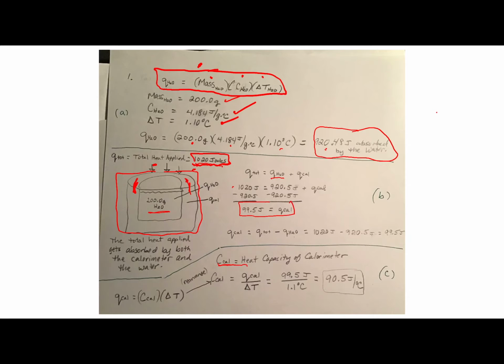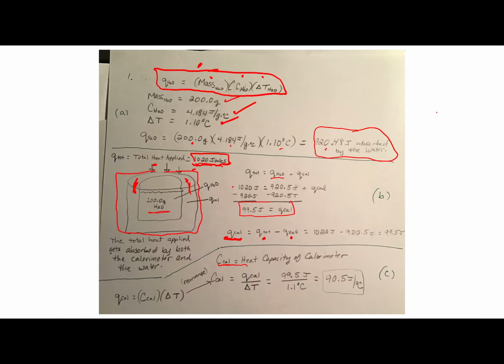So relatively small compared to over 900 absorbed by the water. This equation is just written out, showing that the heat absorbed by the calorimeter is the total heat minus the heat absorbed by the water, which gives you 99.5 joules.